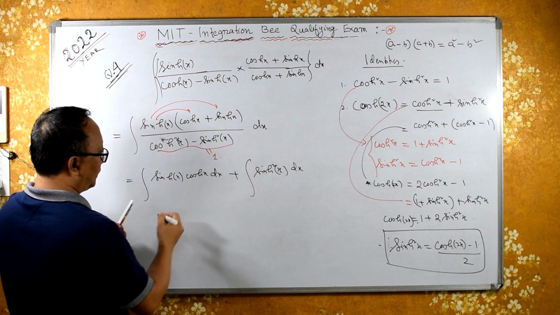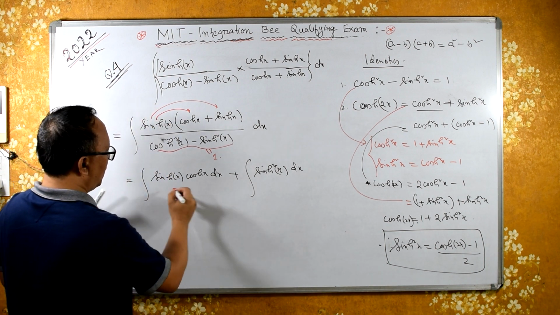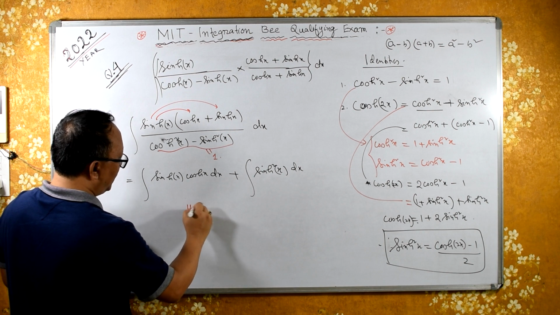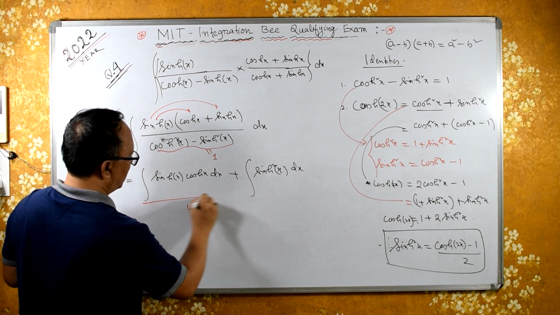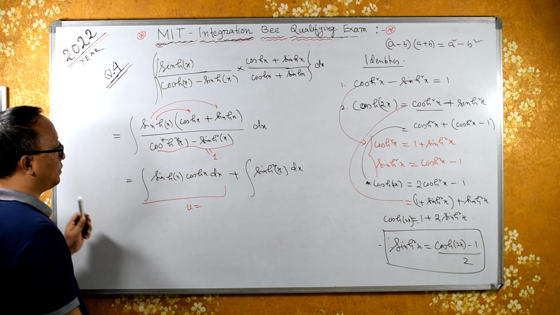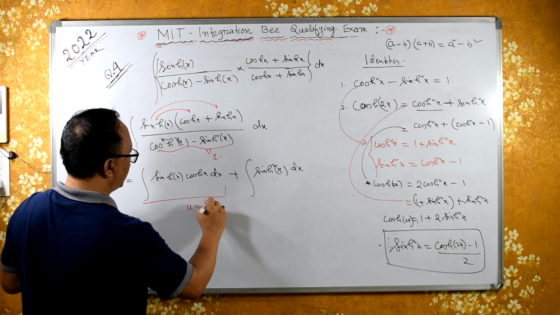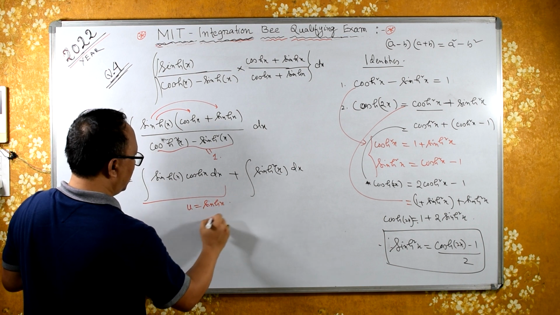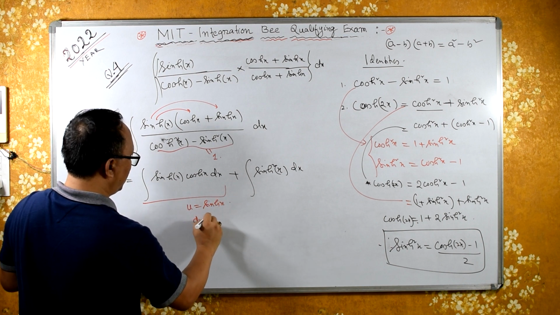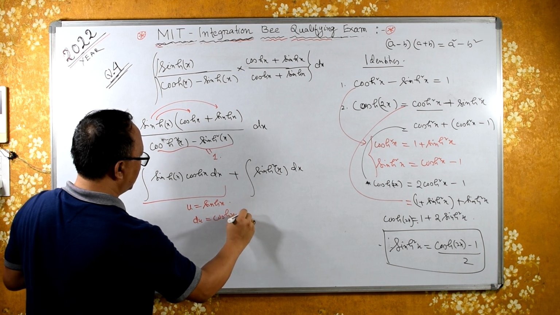Now for this part, if I substitute u equals sinh x, then du equals cosh x dx.